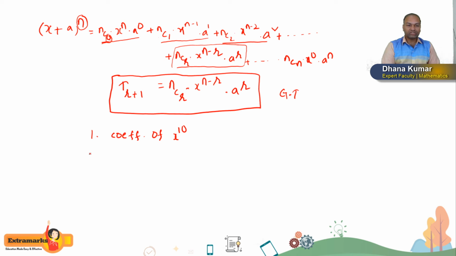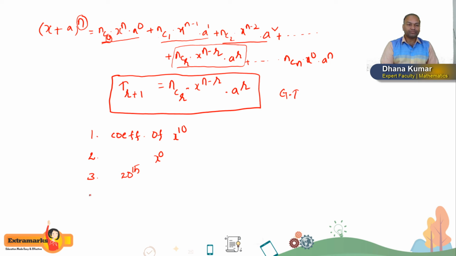Next, second one: find the coefficient of x power 0. X power 0 means constant, the term independent of x. So find the coefficient of x power r, or find the term independent of x, then also use the general term formula. Next, third one: for example, find the 20th term, 30th term, 70th term. Then also use the general term formula.